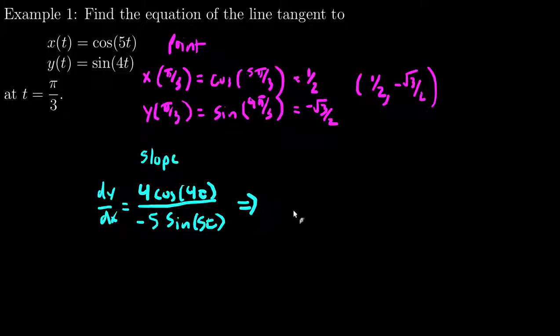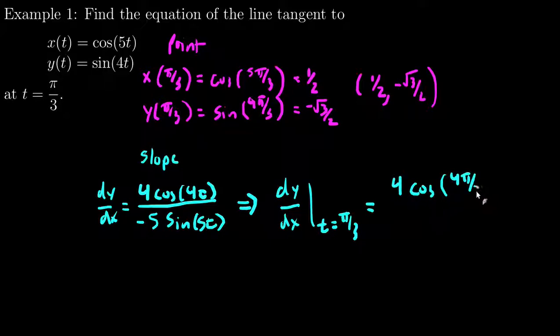And I need to evaluate this at pi over 3, so dy dx, evaluated where t is equal to pi over 3, is going to equal 4 cosine of 4 pi over 3, divided by, I'll bring the negative out front, 5 sine of 5 pi over 3. And the cosine of 4 pi over 3, I'll bring it down here, so I have negative 4.